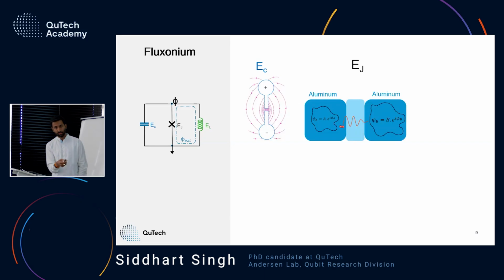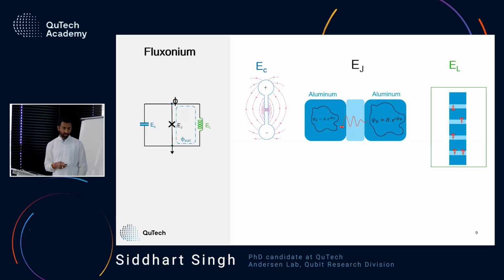Then for the junction, you need to take advantage of the Josephson effect. So you create an aluminum oxide barrier and aluminum here. And when the Cooper pairs tunnel through this barrier, you get your characteristic Josephson energy.